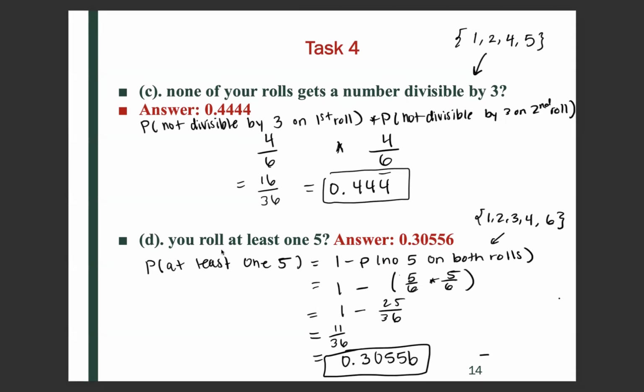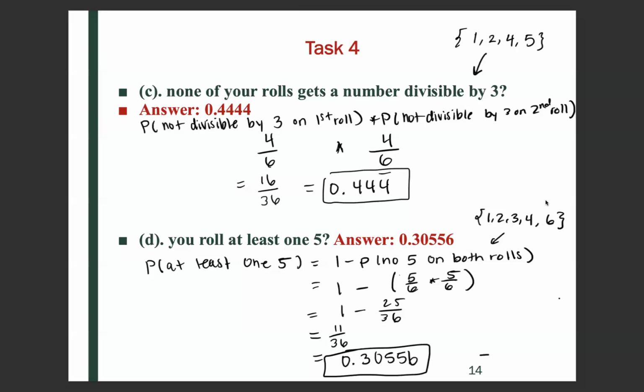What's the probability you roll at least one 5? We can take the complement, which is 1 minus the probability of no 5s on both rolls. So we have 1, 2, 3, 4, and 6.